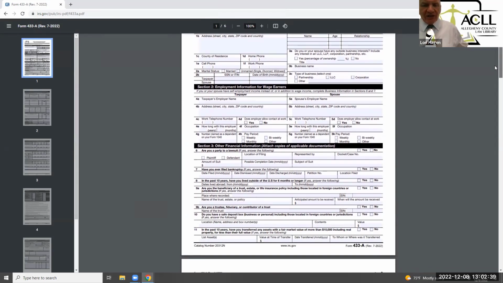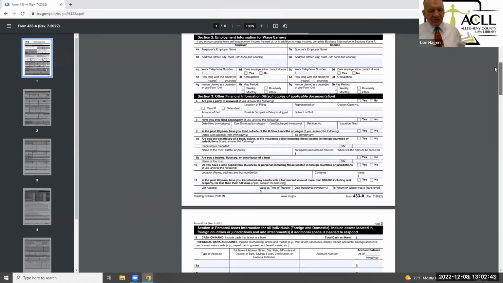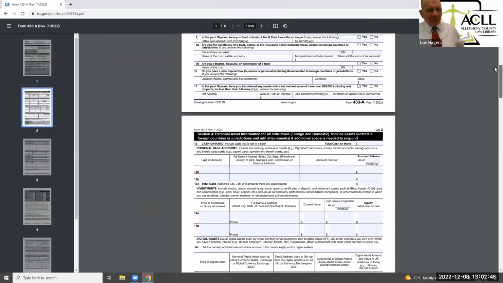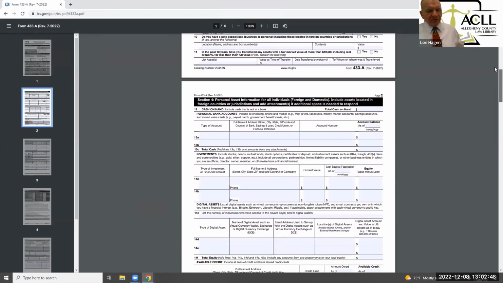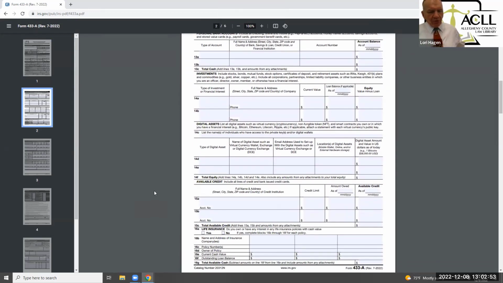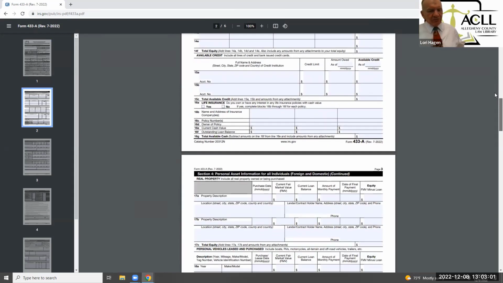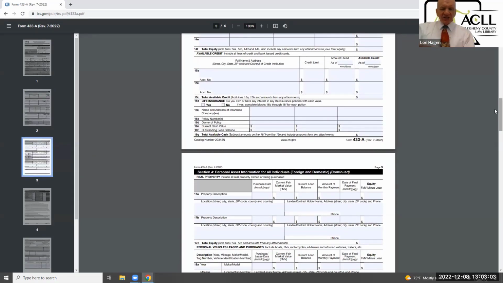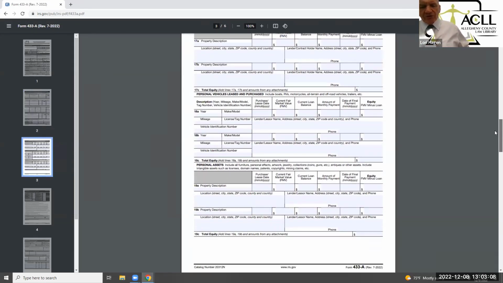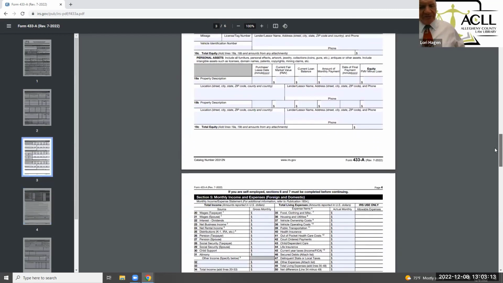You have to list all of your assets, all of your financial information, your personal bank accounts, your investments, any digital assets, property, real estate, any other stocks, bonds, insurance policies. And you have to identify and sign this under penalties of perjury, in essence, and you have to provide your monthly income and expenses.